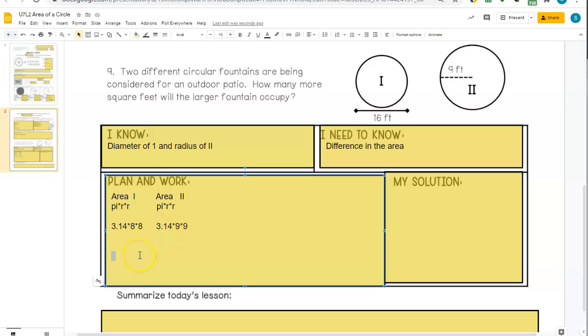So let's go ahead and figure out. So I've got minus 200.96, and then let's do 3.14 times 9 times 9, and this is 254.34, and then we're just going to subtract.